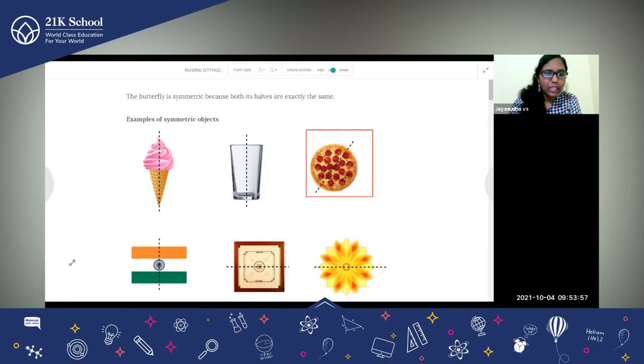So any object in the shape of a circle has infinite number of lines of symmetry. What do you mean by infinite? Finite means countable, so infinite means multiple, uncountable. We call it infinite in math. So a circular object has infinite lines of symmetry.